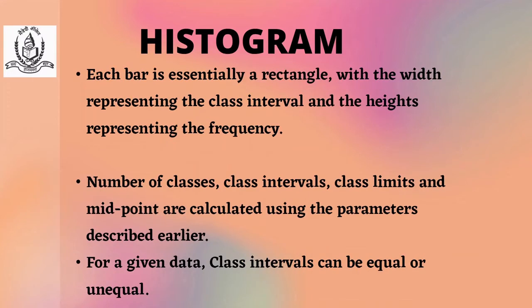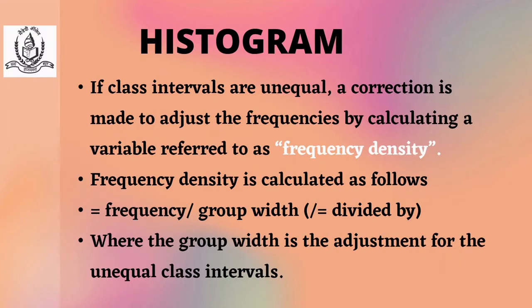Each bar is essentially a rectangle with the width representing the class interval and the height representing the frequency. The number of classes, class intervals, class limit, and midpoints are calculated just as we described earlier. Class intervals can be equal or unequal when we are plotting the histogram.